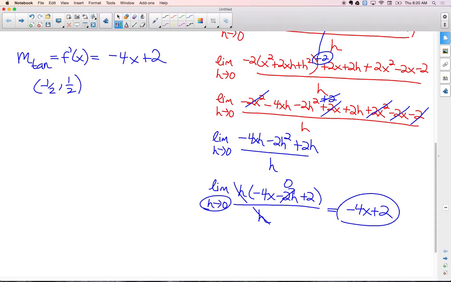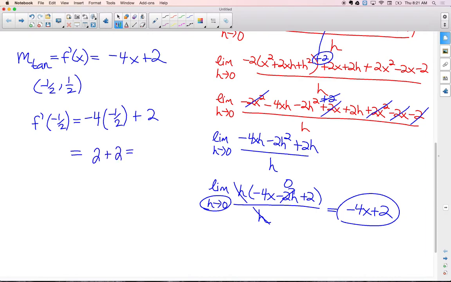I do. So now you find the slope of the tangent line at this point. All you have to do is plug in the x value. So f prime of negative 1/2 equals negative 4 times negative 1/2 plus 2, which gives a positive 2 plus 2.